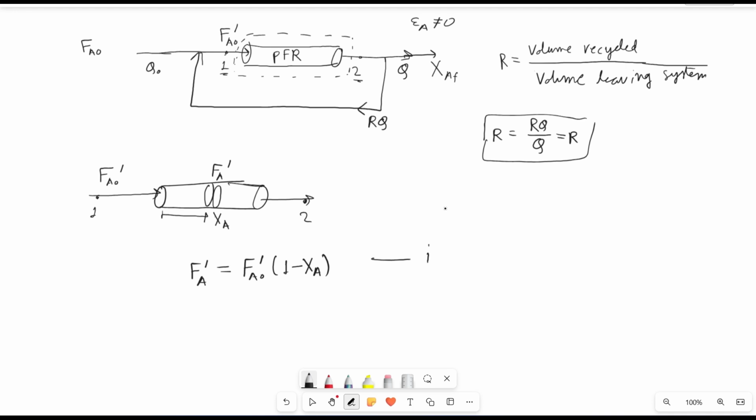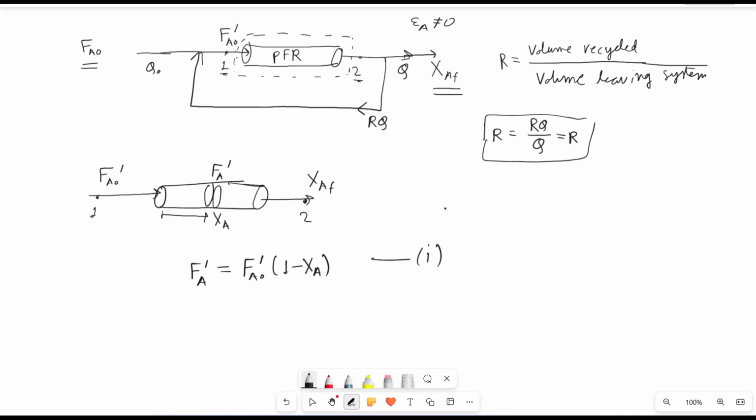So this will be our expression for the molar flow rate of A inside the PFR. Now at point 2, suppose the conversion is XAF. This is the conversion which will be leaving the system. For the overall system, the inlet is Fa naught and the outlet has conversion XAF.